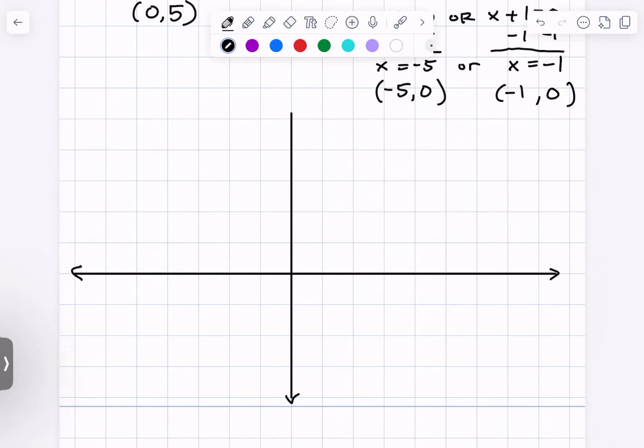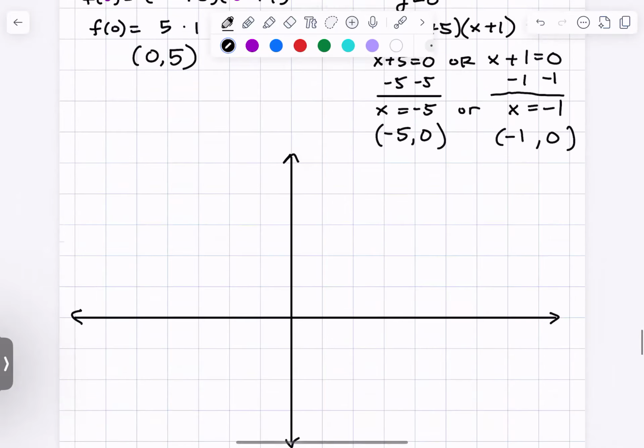So there's my graph, right? I'm going to plot these points 0, comma, 5, 1, 2, 3, 4. Oh, 5 is right there. My x-intercepts, negative 5, 2, 3, 4, 5, 0, and negative 1, 0.